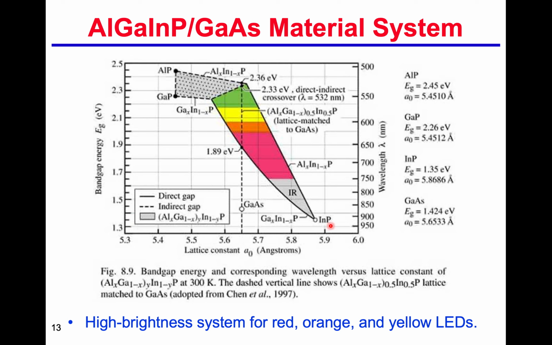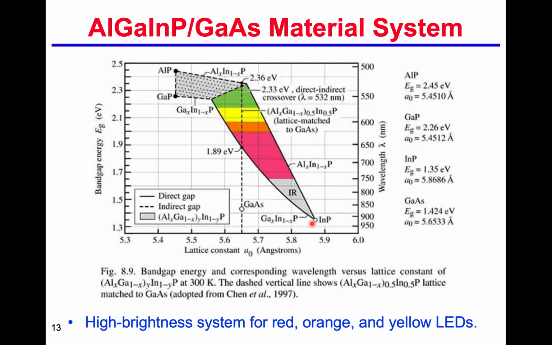Here is indium phosphide. We call that a binary. We have a group 3 and group 5 element, and they form the semiconductor, as we said in chapter 3. And also we have gallium phosphide here, and aluminum phosphide here.